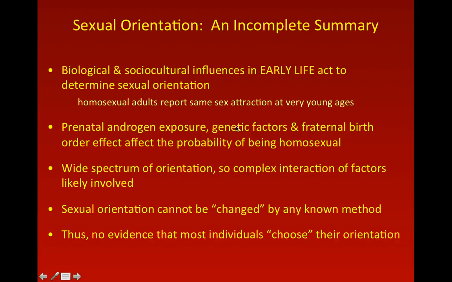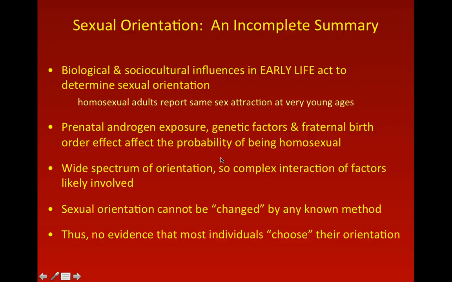Also, there are a few genes that have been associated with sexual orientation. There's this weird fraternal birth order effect that seems to have some weight behind it, but there's really no explanation for the underlying mechanism. These are just some biological measures that are correlated with the probability of identifying as homosexual.